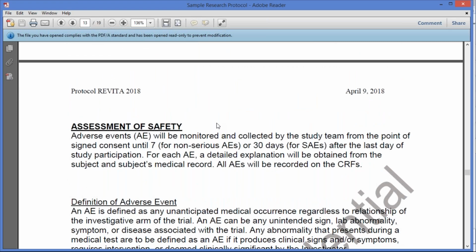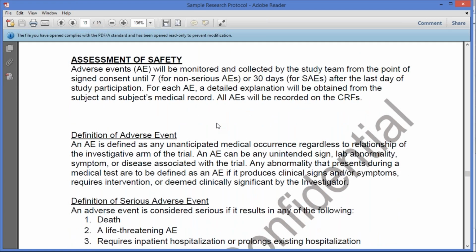Assessment of safety is not a main concern, right? Assessment of efficacy is the main objective. Safety is also given here, as we are not expecting any side effects, but any adverse effect they can report.